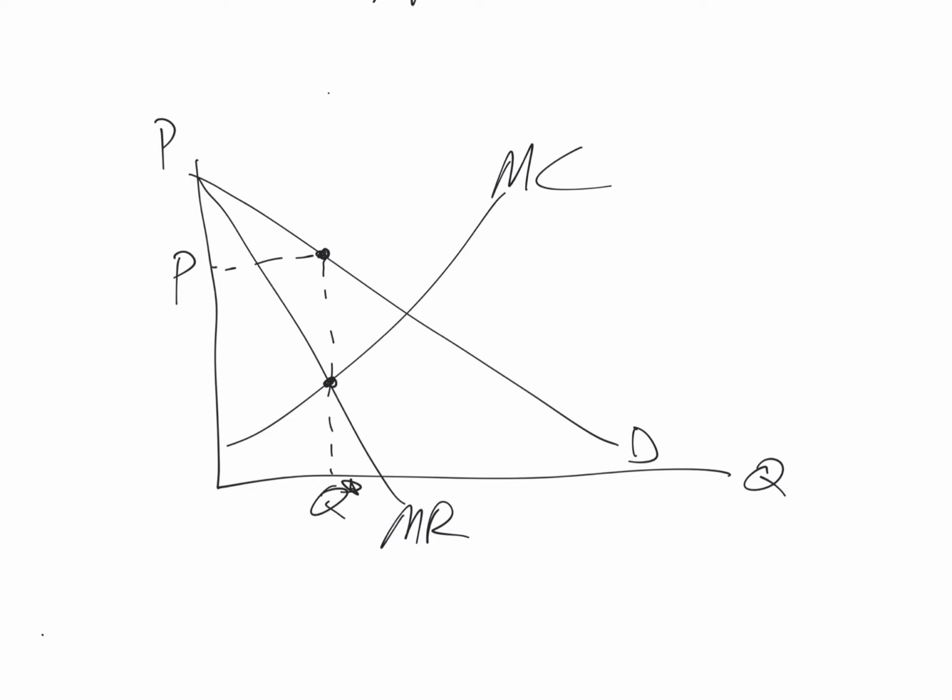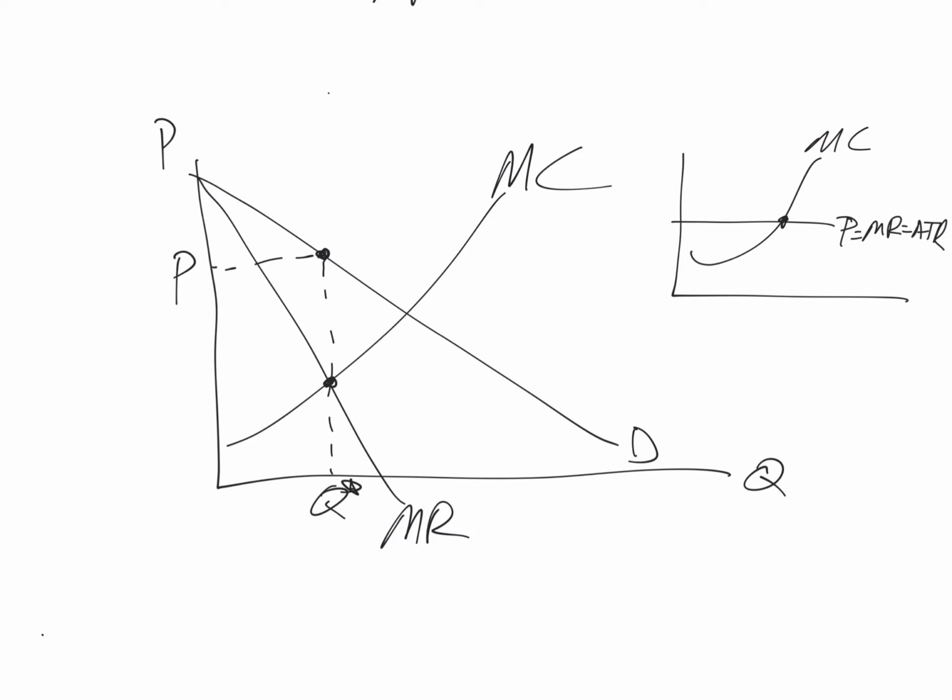The perfect competitor, which is a model of efficiency, remember here's the price equals marginal revenue equals average total revenue. Okay, here's the marginal cost. They'll produce where marginal cost equals marginal revenue. But another way to look at that is they produce where price equals marginal cost.